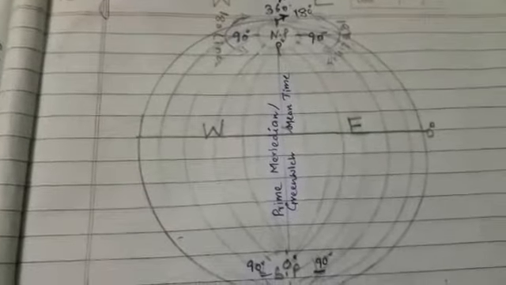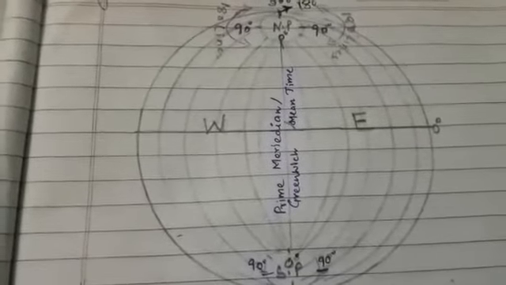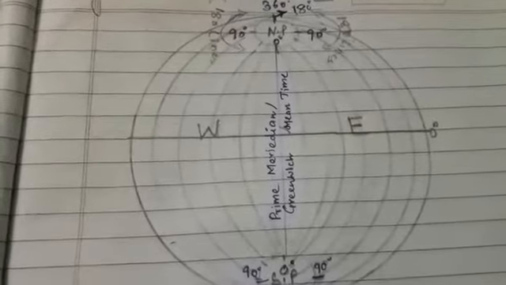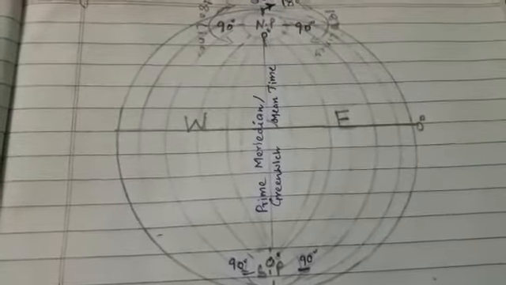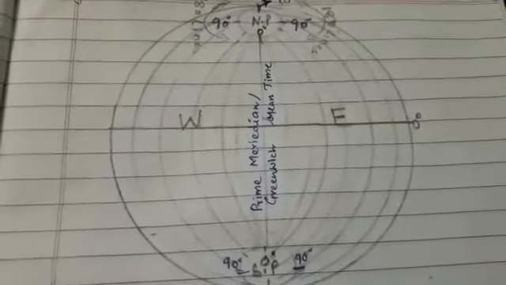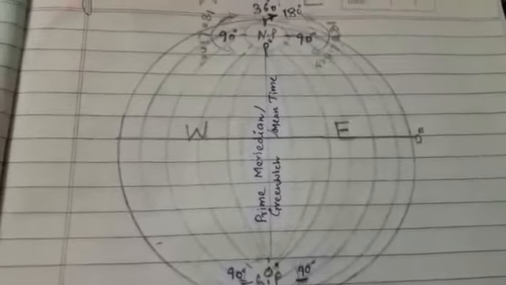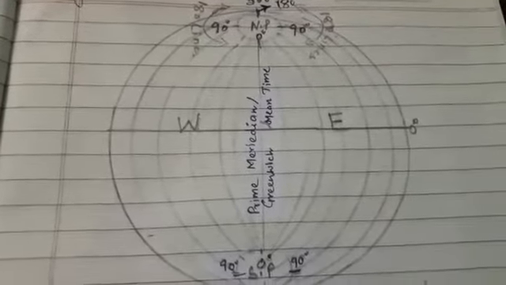So the meridians which are located on the western side are named western degrees, whereas the meridians which are located on the eastern side are indicated as eastern degrees.